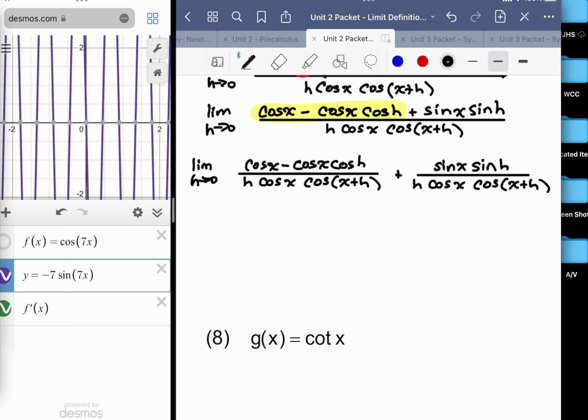We have a common factor that could be factored out and canceled out. That's the cosine x, top and bottom actually. So I don't even have to pull it out of the whole limit. I could just pull it out of the fraction and write it as limit h approaches 0, cosine x times 1 minus cosine h over h cosine x plus h.